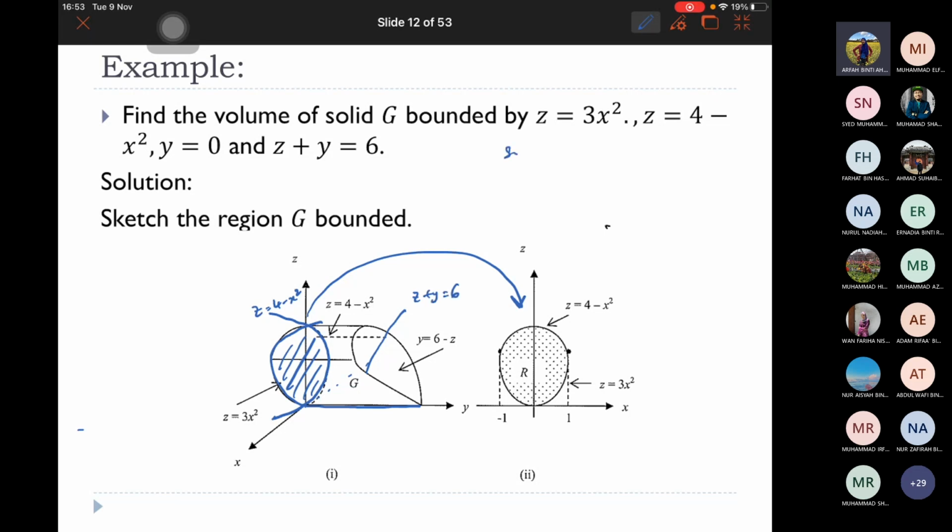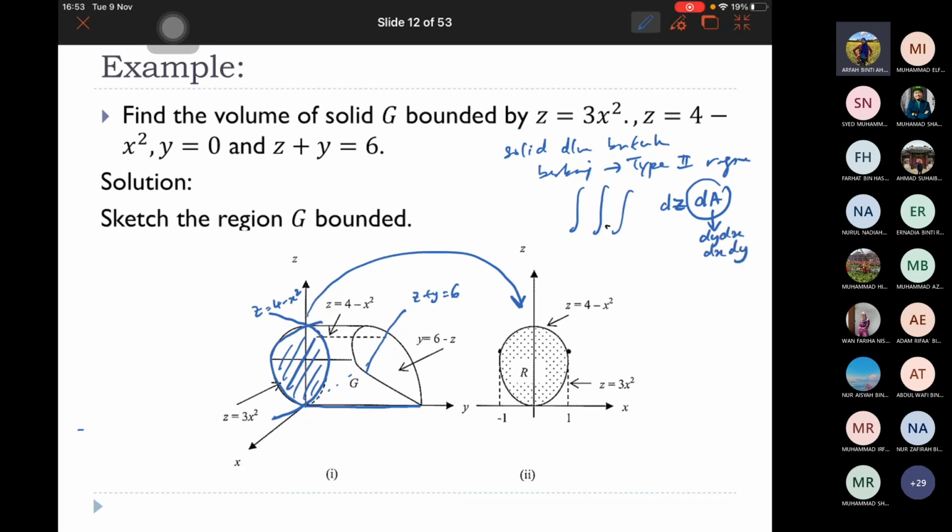So kita dapat solid dalam bentuk berbaring. So kita tahu dia adalah type 2 region. Yang mana if you are using type 2 region, integration dia akan jadi terhadap dz first, then baru dA. dA ni yang akan jadi dy dx atau dx dy.